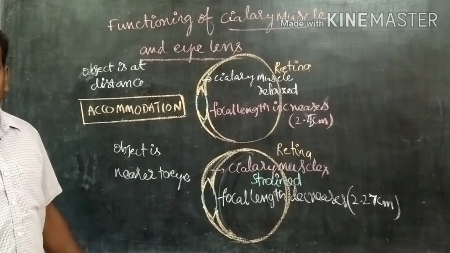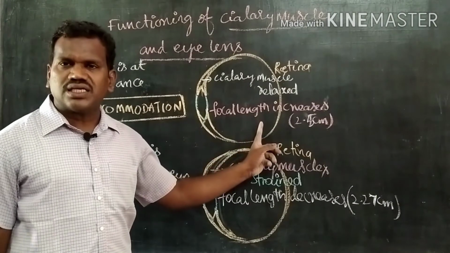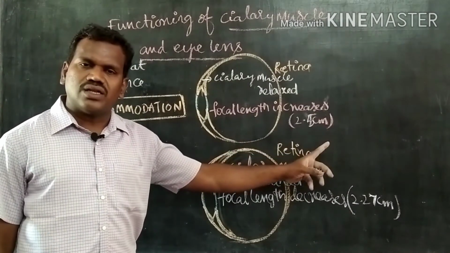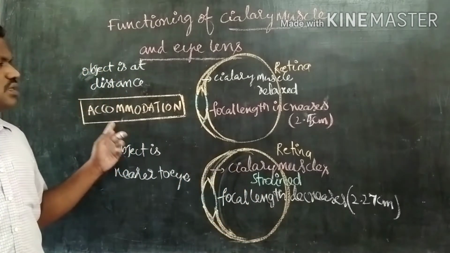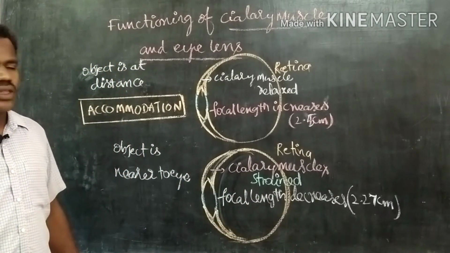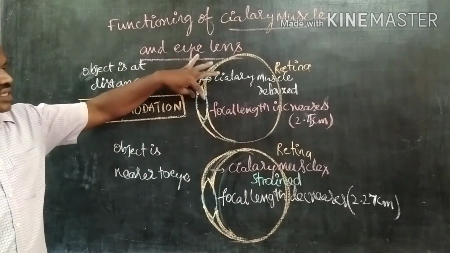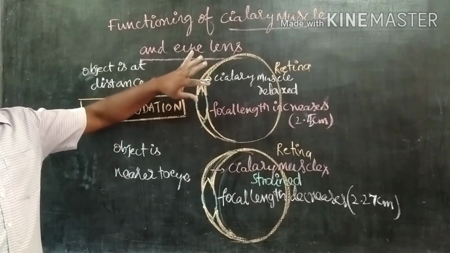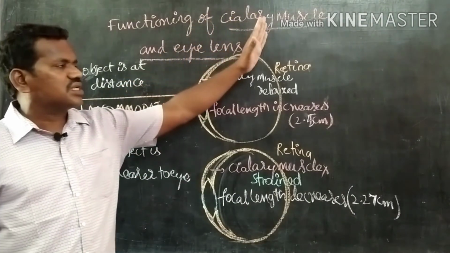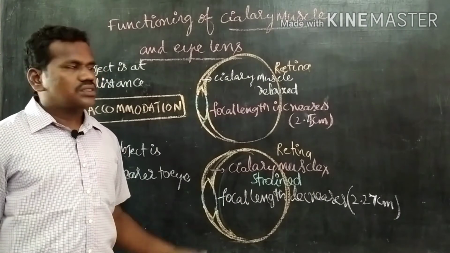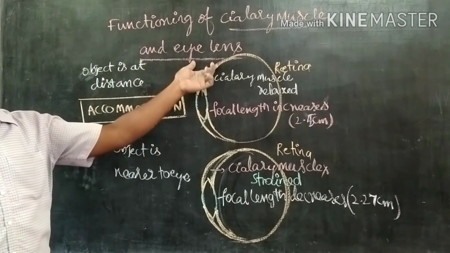The ability of the eye lens to adjust its focal length to a maximum value and to a minimum value is called accommodation. So we can conclude that the focal length of the eye lens, which is a very important topic, is under the control of ciliary muscles only.